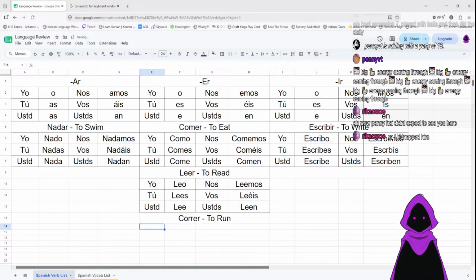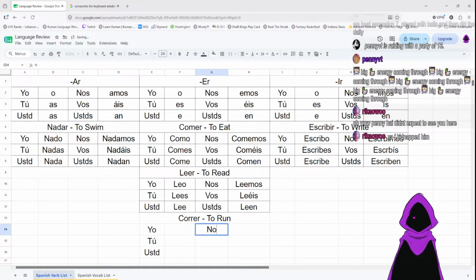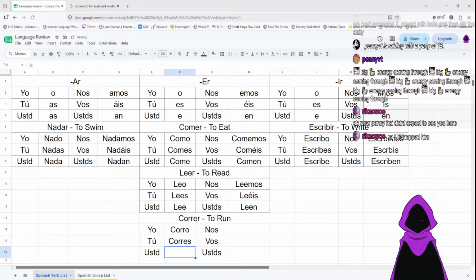Alright. We got correr, which is to run. And it will be corro. Corres for you.